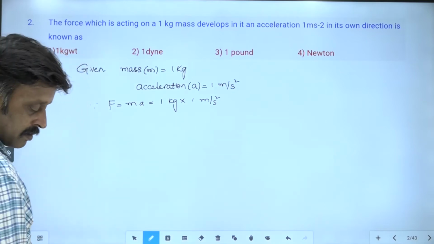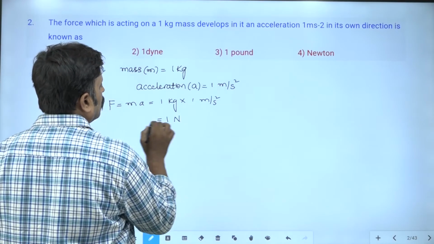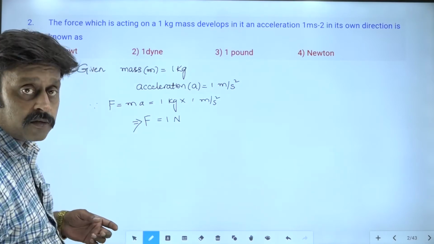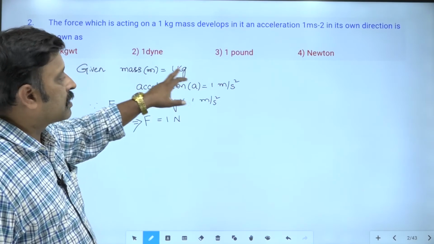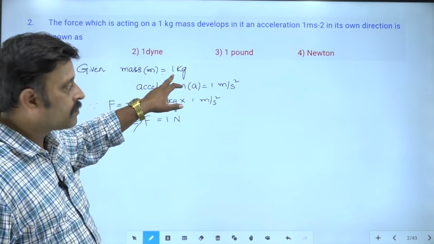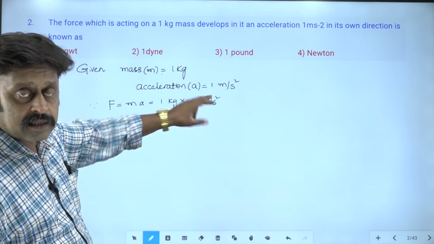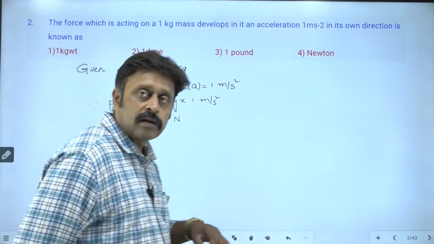Okay, so 1 Newton, where Newton is the SI unit of force, because this mass and acceleration, they both are in SI system, 1 kg or MKS system, 1 meter per second square, unit of acceleration in SI system. So the unit of force in this system is 1 Newton. Okay.